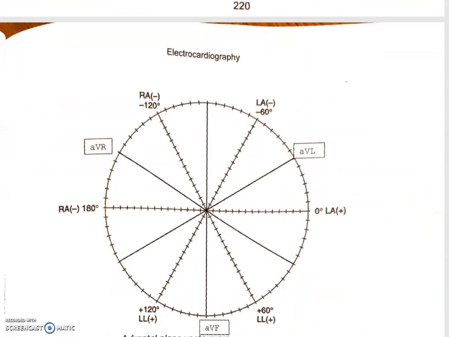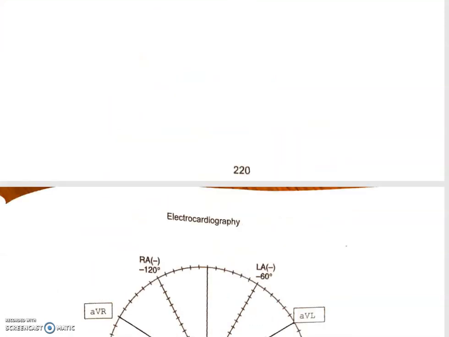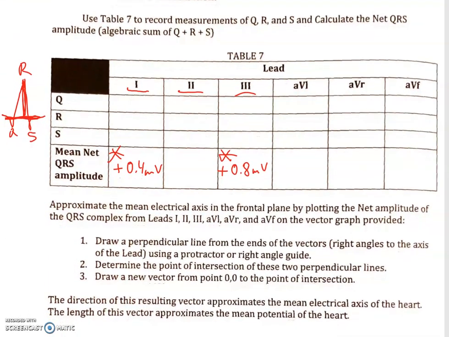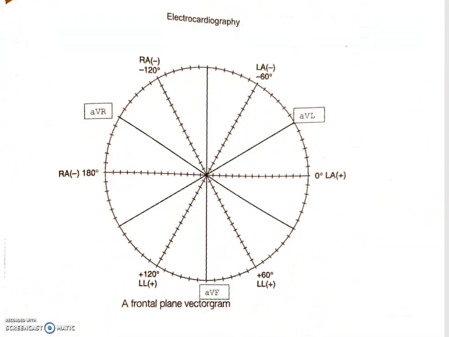And now we're going to go into this diagram right here for lead 1. So let's just go back for this real quick. For lead 1, our net QRS amplitude was 0.4 millivolts. So that is right here. Lead 1 is going straight across right here. Oops, let me take this off.